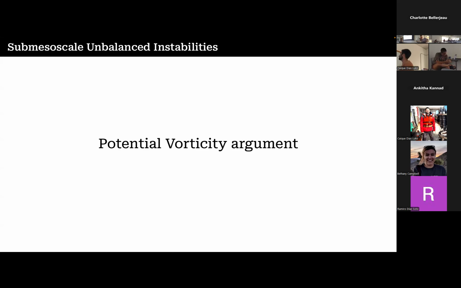For a barotropic flow with homogeneous density, potential vorticity is defined as the absolute vorticity divided by the depth of the water column. This property is always conserved in the ocean, so if you increase your depth, stretching your vortex tube, you have to change your vorticity.